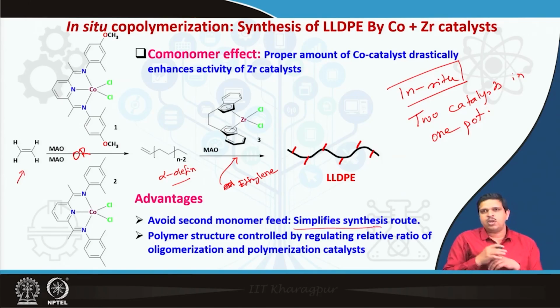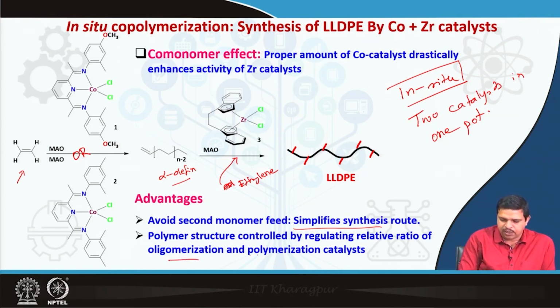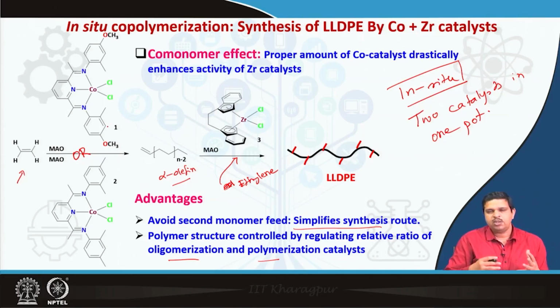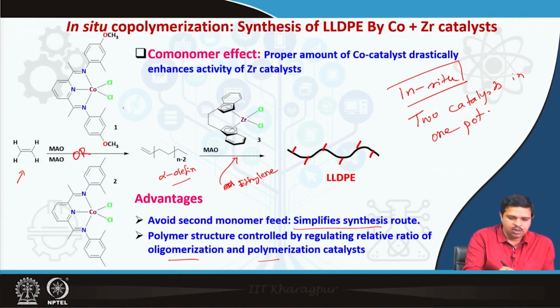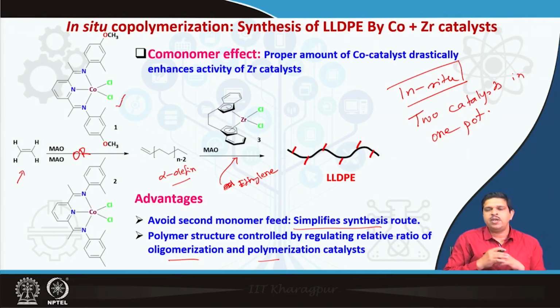So it simplifies the polymerization steps and removes the complications associated with the polymerization reactors, and the polymer structure can be controlled by regulating the relative ratio of oligomerization and polymerization catalysts. If I need higher branching, we can use a little more of the oligomerization catalyst, and if I need fewer branches, we can use a lower amount of it. This way we can change the branching in the LLDPE.